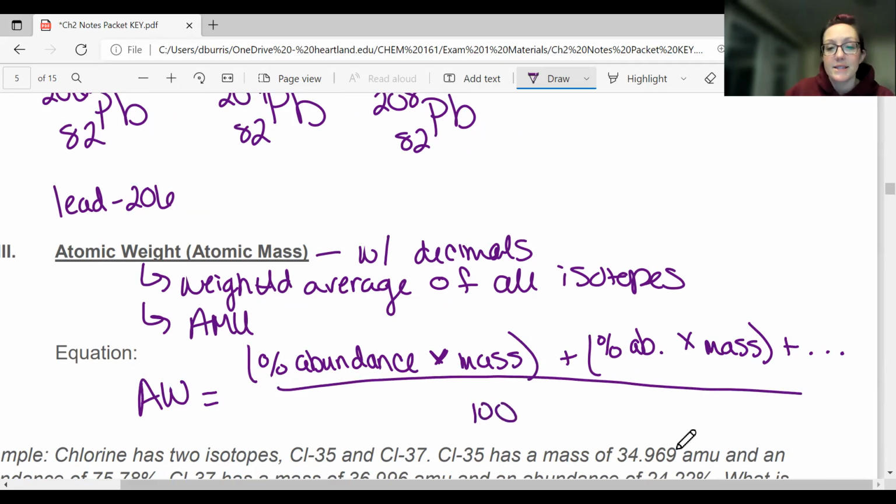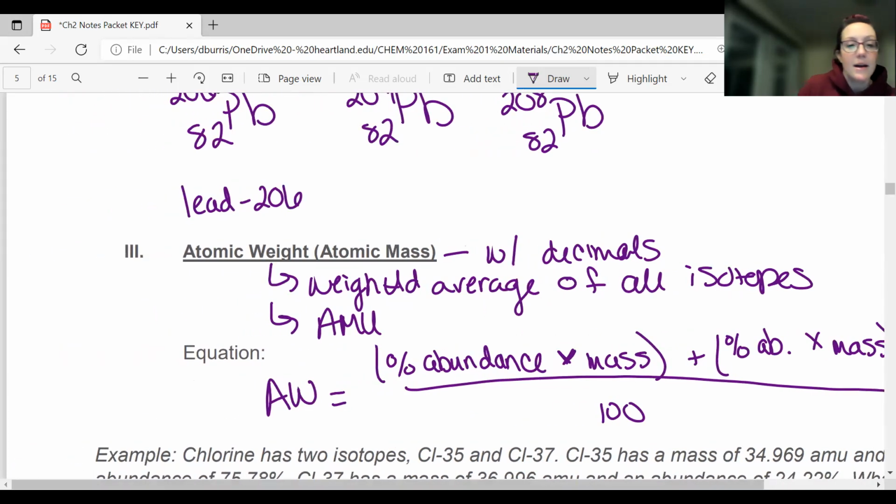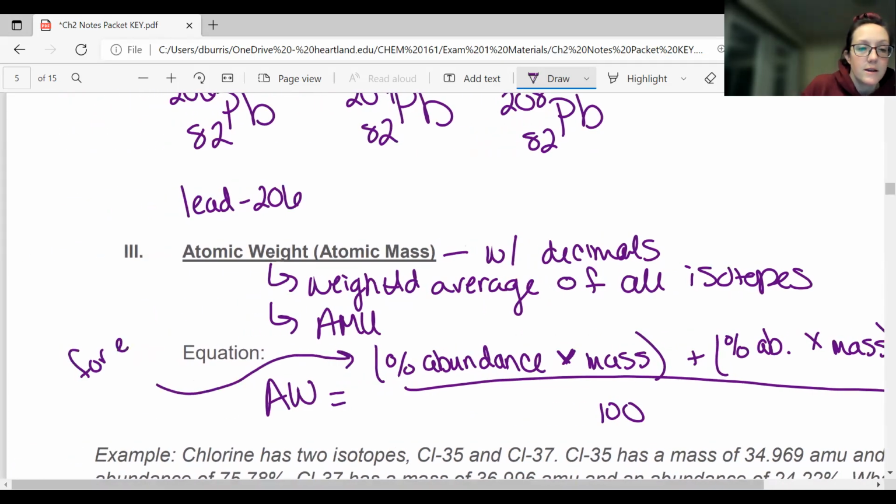That will give you the weighted atomic mass. So essentially you do this for each isotope. Add them all together, you will get the number that's on the periodic table. You will get a weighted average.